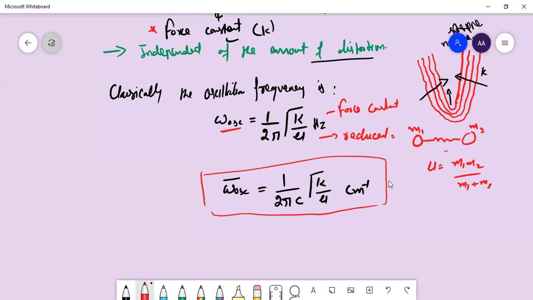Or in other words, we can say that the vibrational frequency increases with increase in the bond strength, or with decrease in the reduced mass of the system.